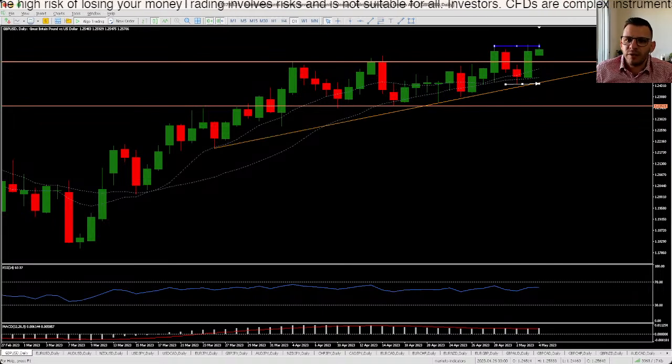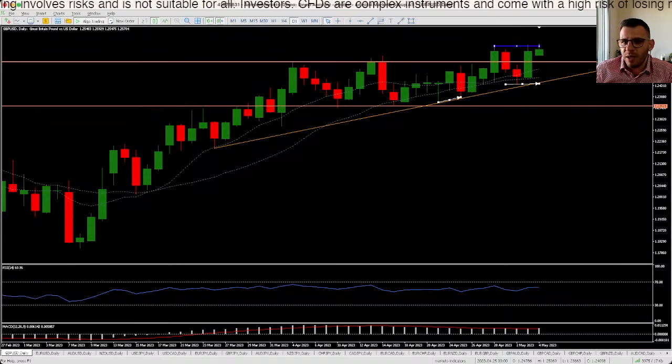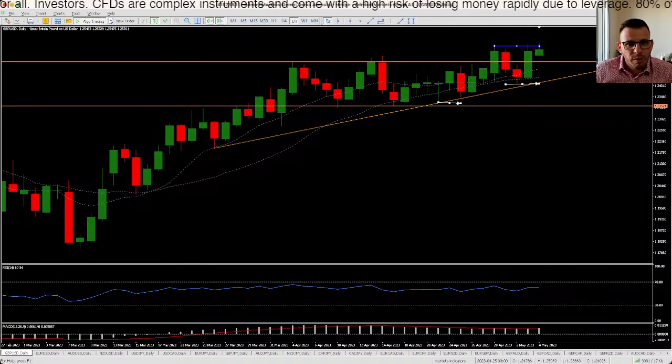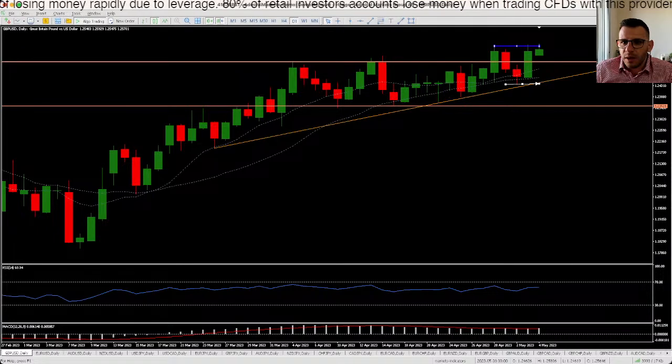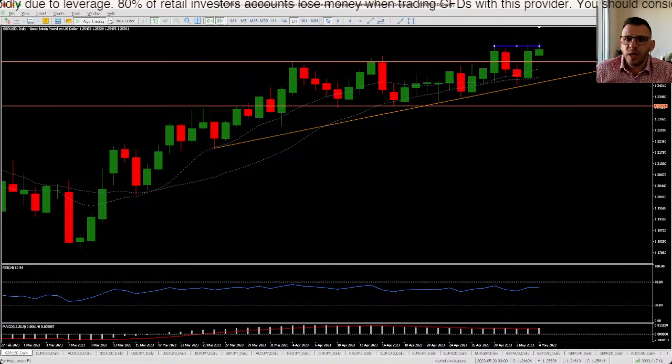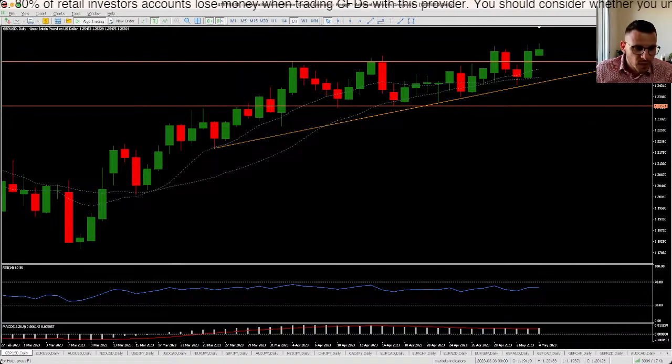Or if you enter from this area, your stop loss should be somewhere below this doji candle or below this bearish candle. So still bullish on this one.